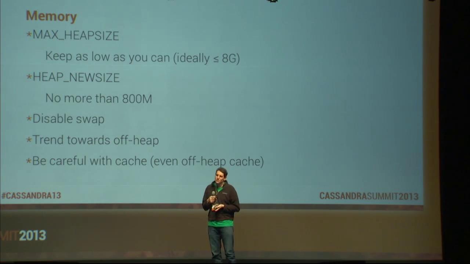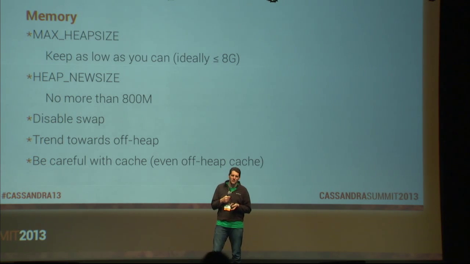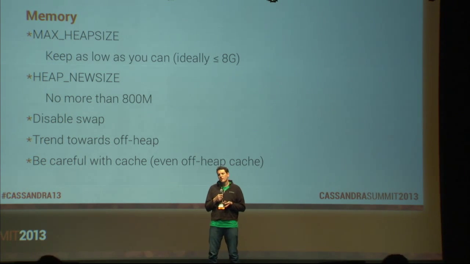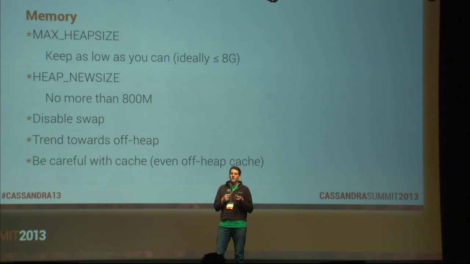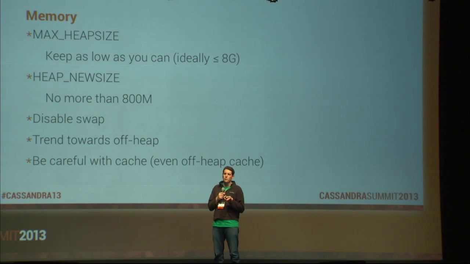The heap new size, we need to probably update the comments in the cassandra-env.sh. Regardless of the number of cores, don't go over 800 megabytes, or else you start to see a lot of longer ParNew pauses. Disable swap. Be careful with off-heap, or even with off-heap cache, because it has to be deserialized within the heap. So large rows will have to be deserialized into the heap.